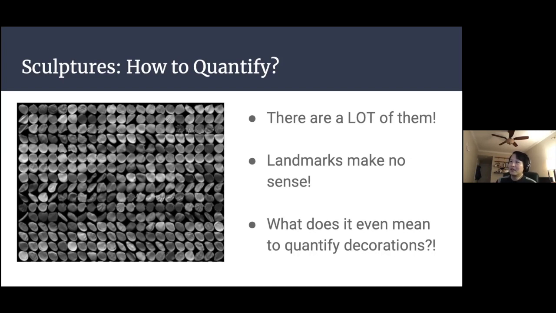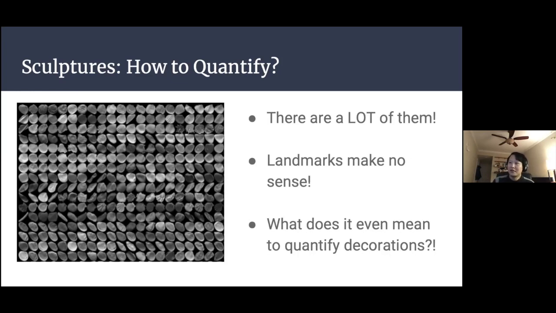And there are really a lot of these specimens, as you have seen, collected in the dataset. It's difficult to come up with an ad hoc semi-landmarking approach, one for each individual shape, and then they will immediately lose the ability to be compared.